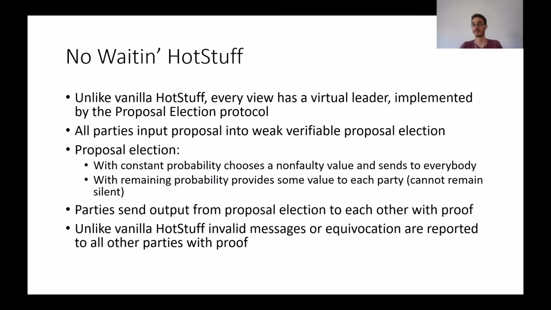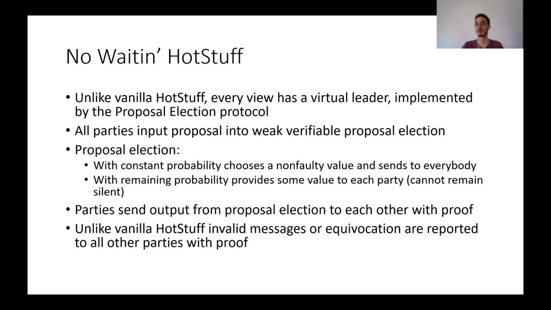As we know, we have a constant probability, in this case, a third, that the proposal election protocol chooses one non-faulty proposal and sends it to everybody. With the remaining probability, in this case, 2/3, each party receives some value. We don't know if it's an honest value. It might be a value from a faulty party.